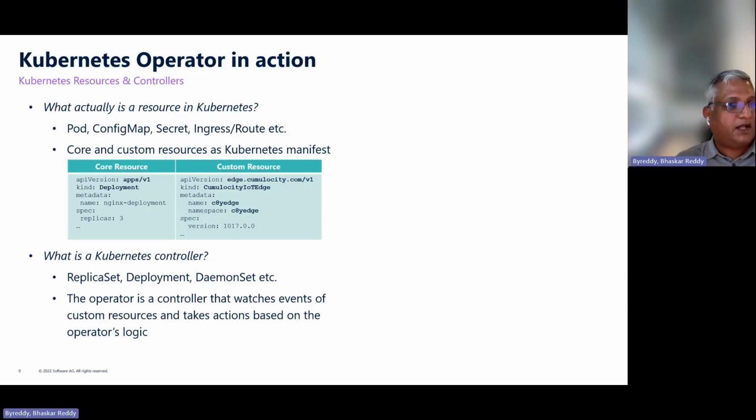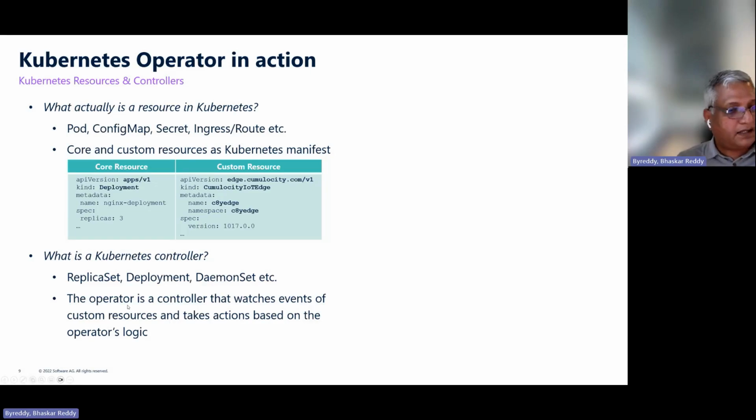And if for some reason the pod is not up or crashes, the deployment controller ensures that the pod is brought back online. Same with the daemon set, one other controller which ensures that a pod is always running on every worker node that is part of the Kubernetes cluster.